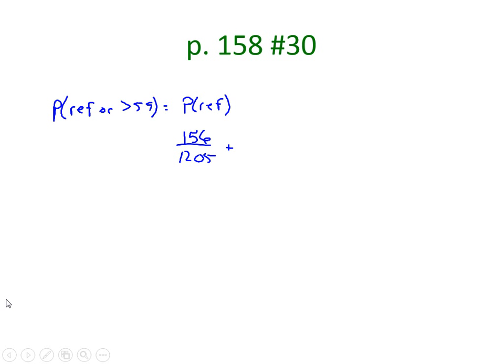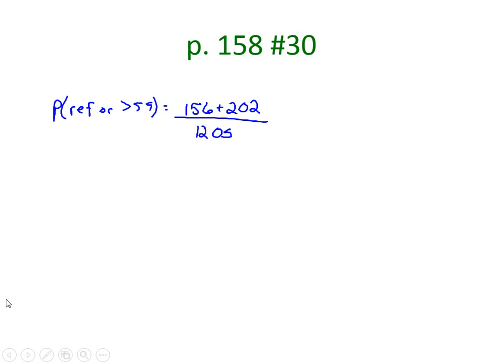And so when you add it in, you're adding in such a way that you're not counting the same group twice. Let me rewrite this the way I'm going to write this problem. We take that 156 and add in those 202 people to figure out the number of people that refused or were over the age of 59 and didn't refuse, and then divide by the total number, which was the 1205.